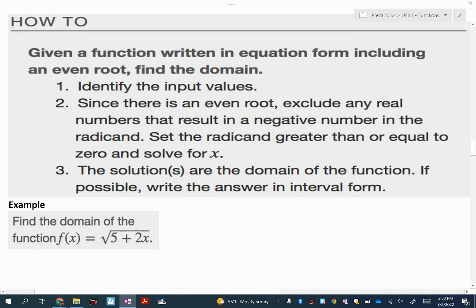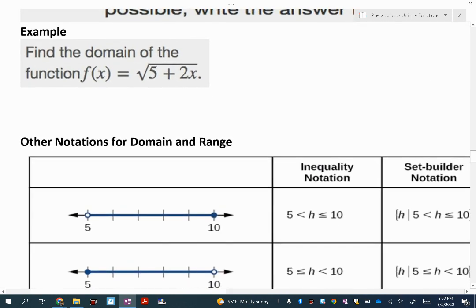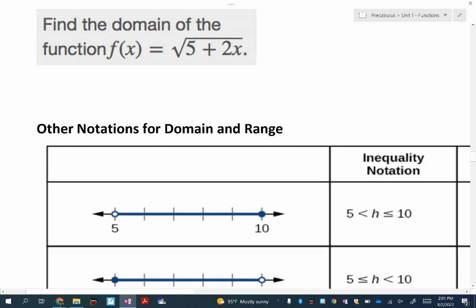Now, the next one is giving us a function that includes a square root. With a square root function, you've got to be cautious here, because if you take the square root of a negative number, that means it's going to end up being an imaginary number. So you want to be very, very cautious with that. What I like to do is make sure that when I take the square root of whatever's inside here, called the radicand, it is 0 or more.